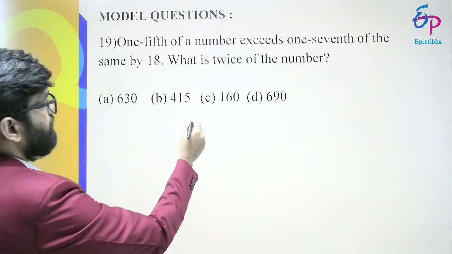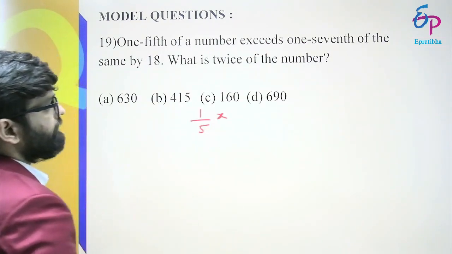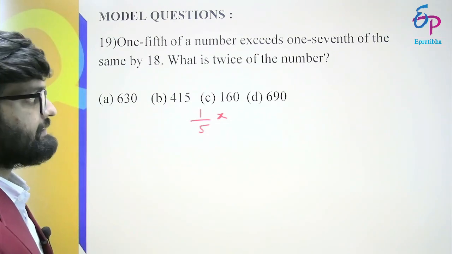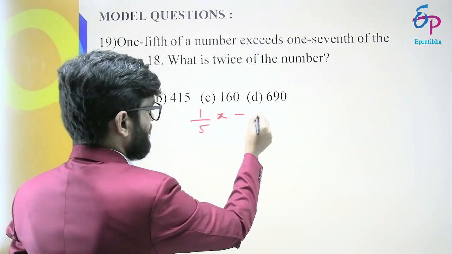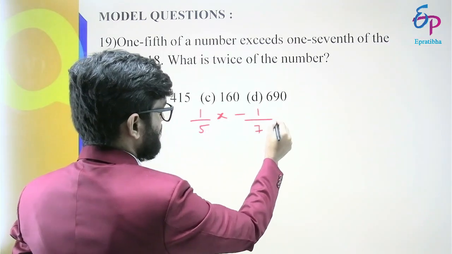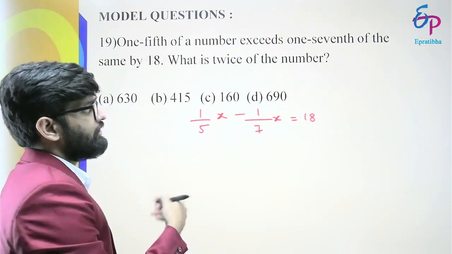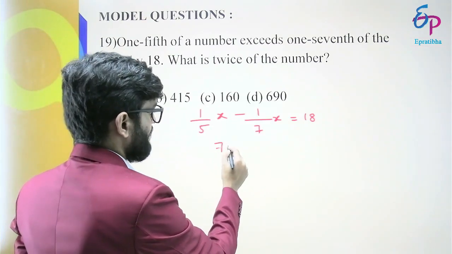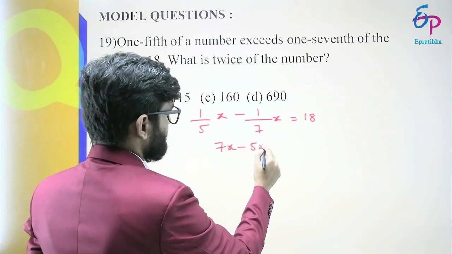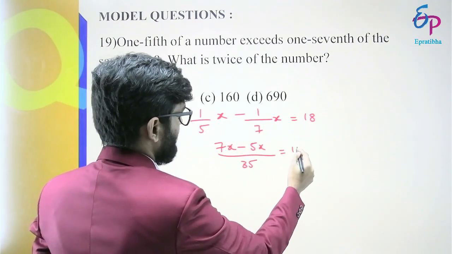1/5 of any number, let me take the number as x. 1/5 of the number exceeds 1/7 of the number by 18. What is twice of that number? So 7x minus 5x divided by the LCM, which is 35, is equal to 18.